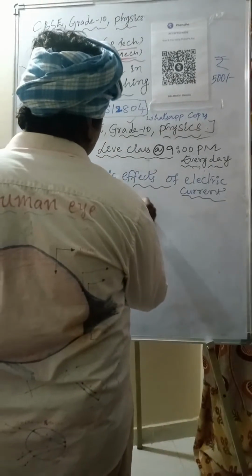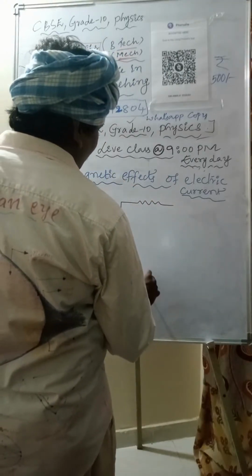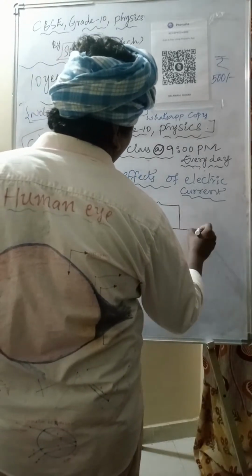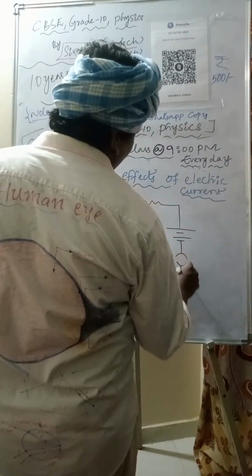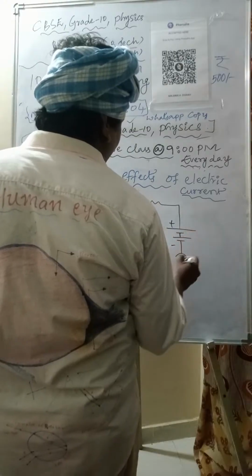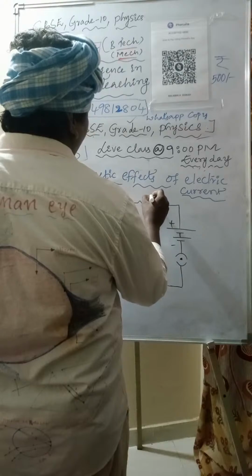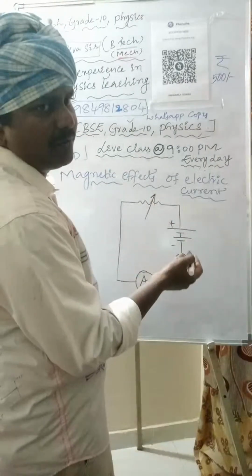Here I am considering a rheostat, an ammeter, and a battery, with a switch so the current will pass. A rheostat is nothing but a variable resistance.